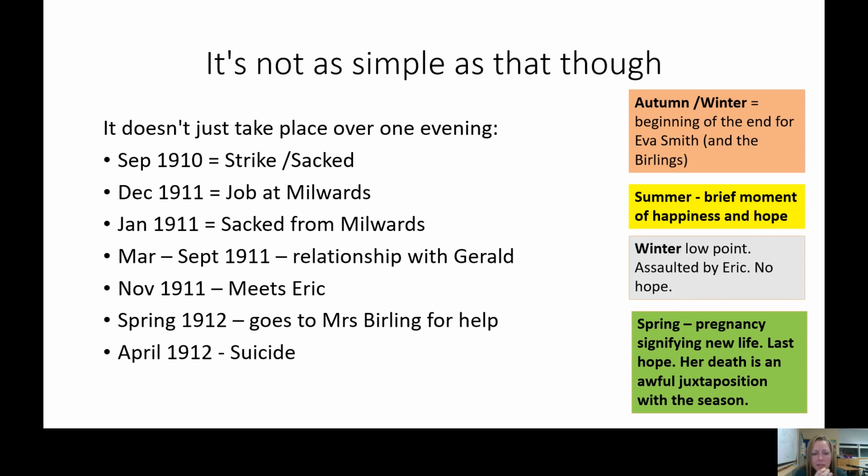But pregnancy is symbolic of new life and hope there. So the idea that she commits suicide in the springtime is a really awful juxtaposition there, isn't it? And furthered by the fact that she is a young woman. She's not in the winter of her life. She's not in old age.